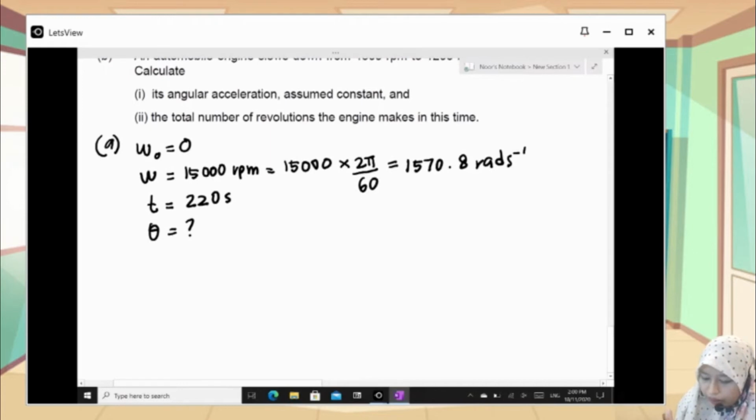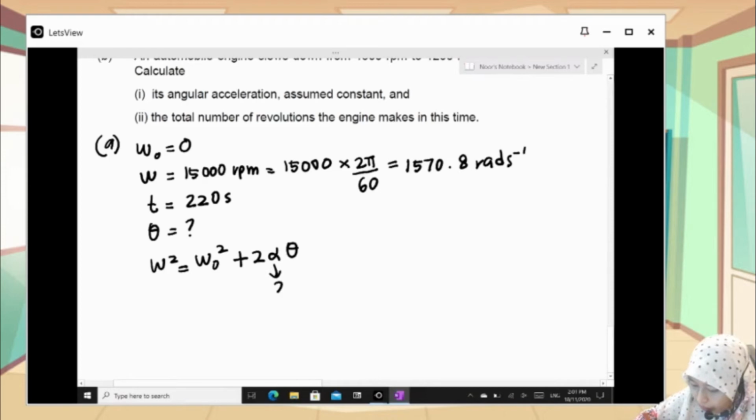Okay, since the question asks for theta, we can use either of the equations. But if we want to use this one, we need to find alpha first.